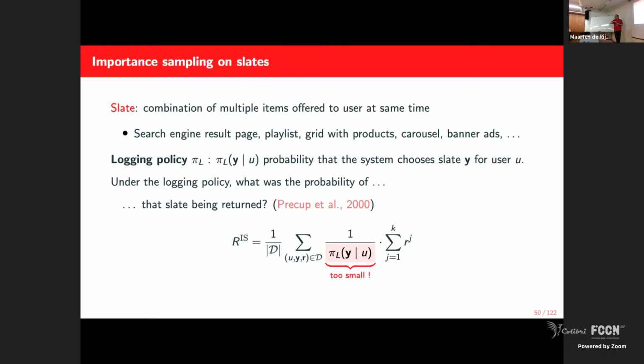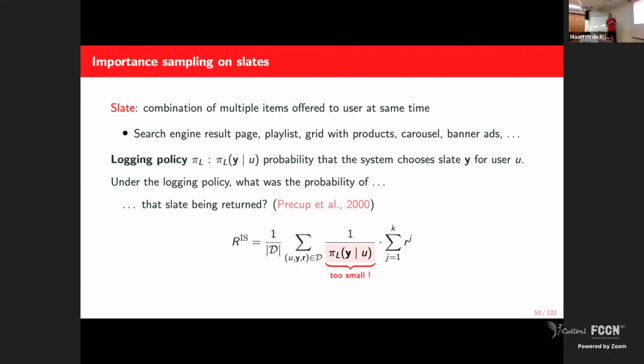Remember, we have a logging policy and we have another policy. Roman, why is this too small? This quantity here, the probability of a slate given a user.